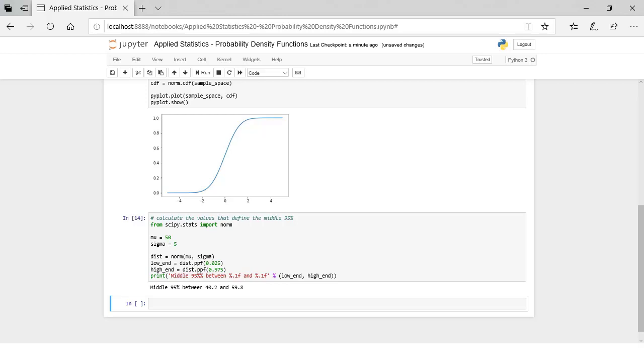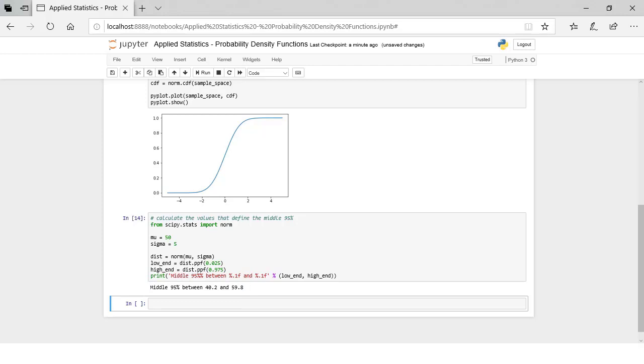We've seen this earlier in the course. For example, in our distribution with a mean of 50 and a standard deviation of 5, you would expect 95% of all the data to be covered by the values that are 2 standard deviations from the mean, or between 40 and 60. You can confirm this by calculating the exact values using the percentage point function.